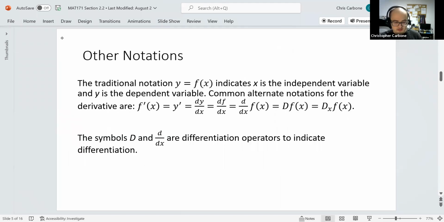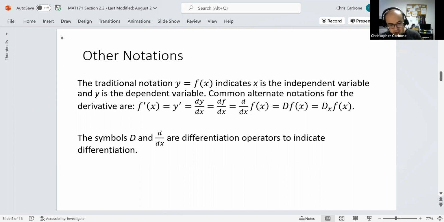When it comes to this derivative, we do have other notations. Traditional notation, y is equal to f of x, indicates x is the independent variable and y is our dependent variable. Common alternative notations for the derivative, f prime of x, can also be y prime, dy over dx, df over dx, d over dx of f of x, df of x, d sub x of f of x, all to indicate that derivative.